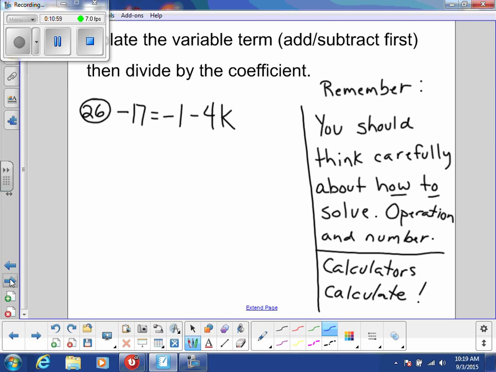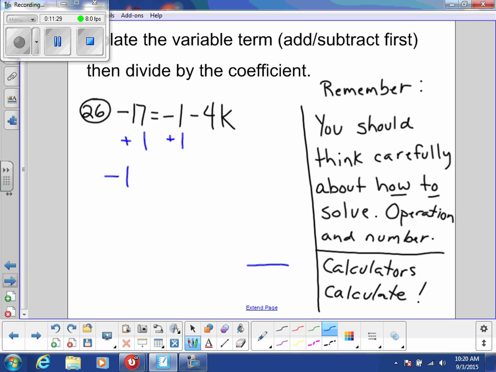You've got one more here, another two-step equation. Look at this one carefully. Find your variable term. Ask what's happening to the variable term. Think about what you're going to do first. You have a constant negative 1 over here with the 4k. I want to get rid of negative 1. So I'll add 1 to both sides.